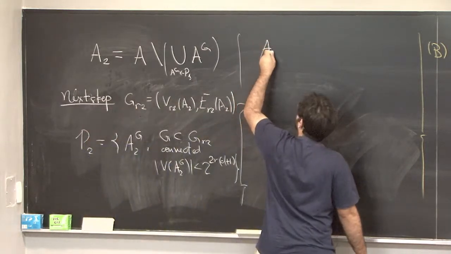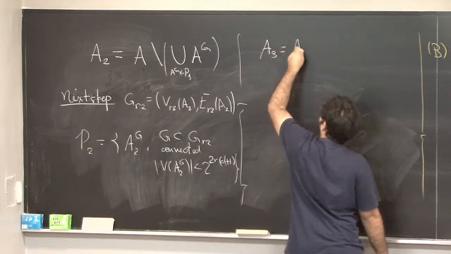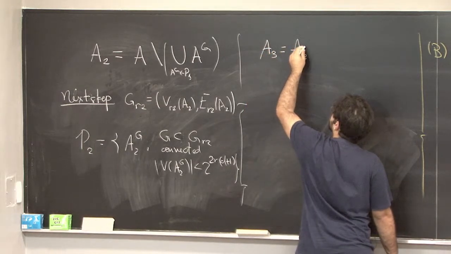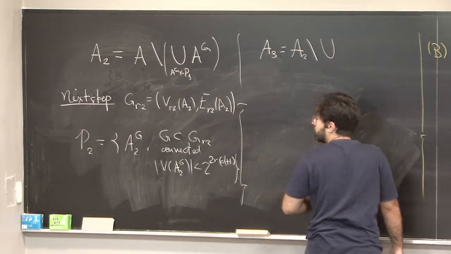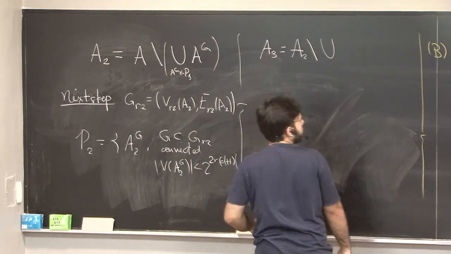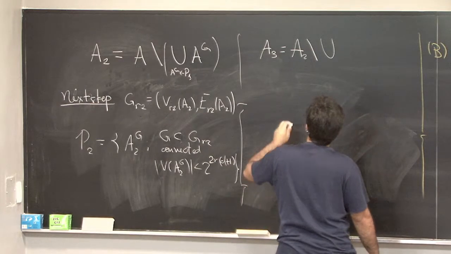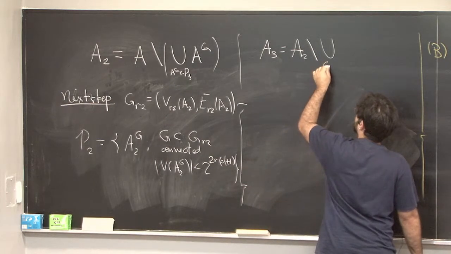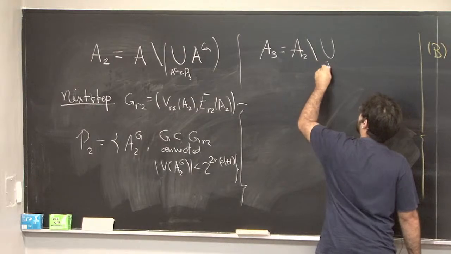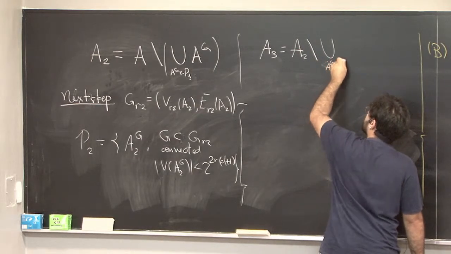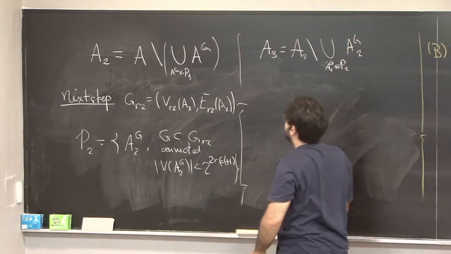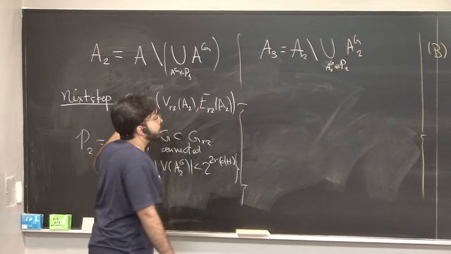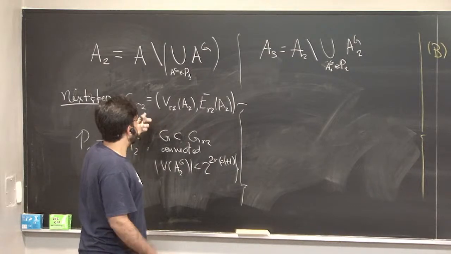We define A3 as being A2 minus the union of A2G inside B2 AG2, and then we repeat again in the next scale.